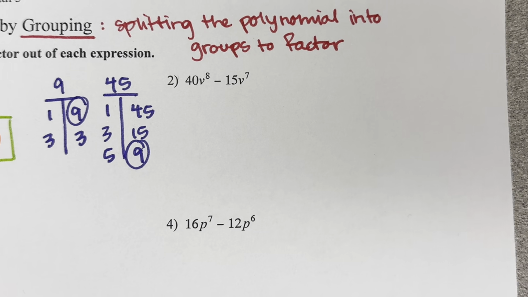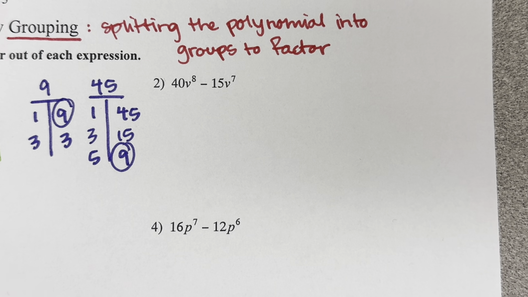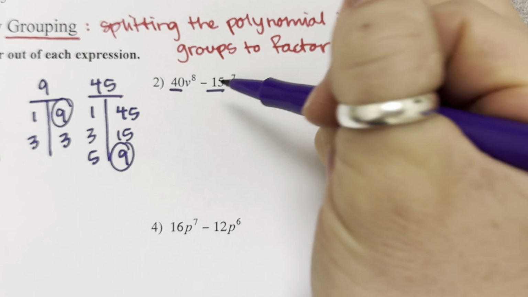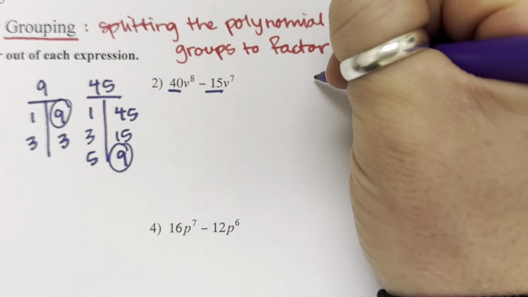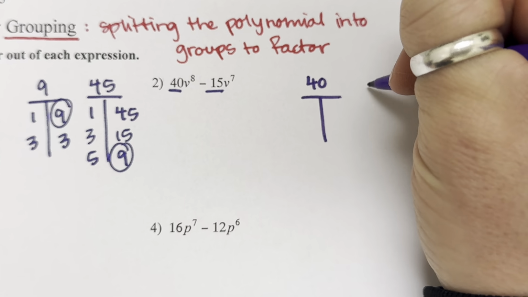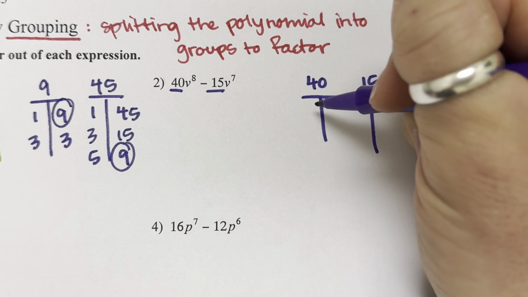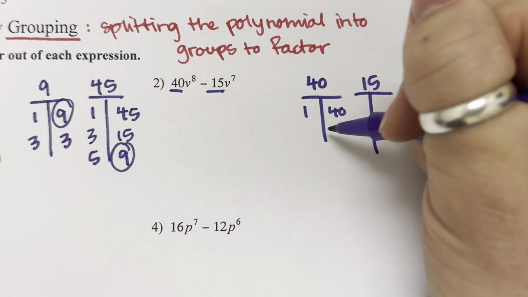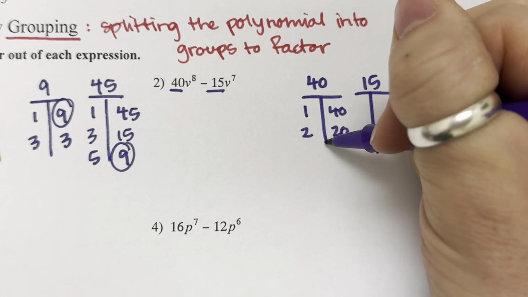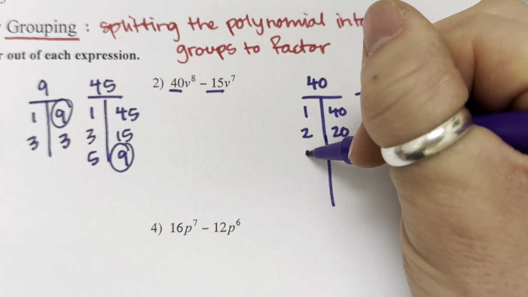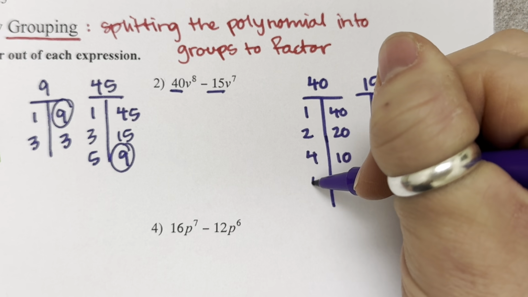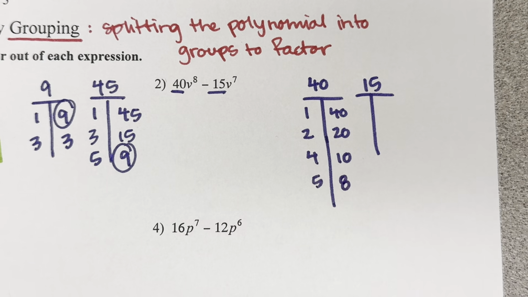Okay, so let's try that again for number 2. First thing, you want to look at your coefficients. My first term is not negative, so I don't need to pull out a negative, but I'm dealing with the numbers 40 and 15. For 40, I could do 1 times 40, 2 times 20, 3 doesn't go into it, 4 times 10, 5 times 8.